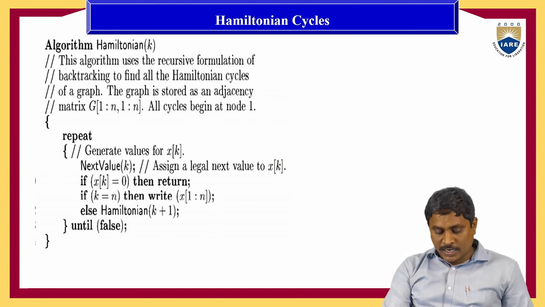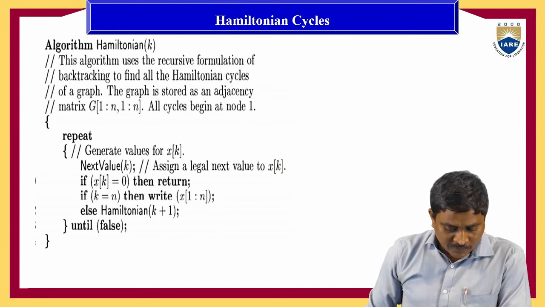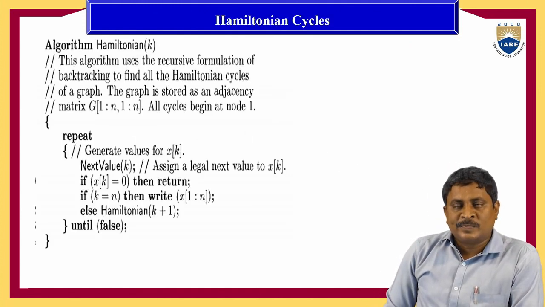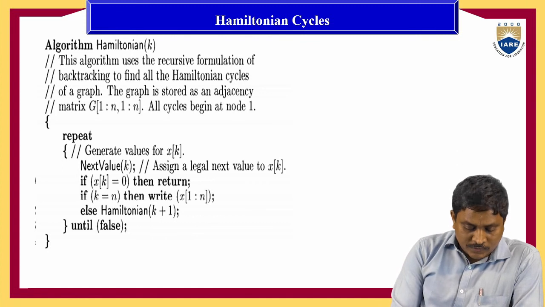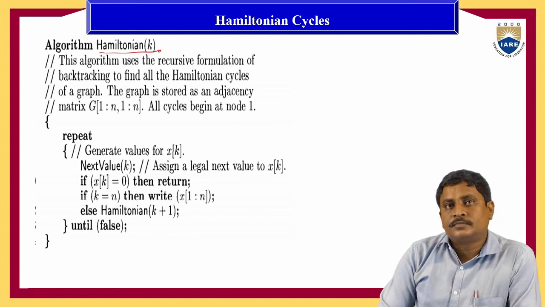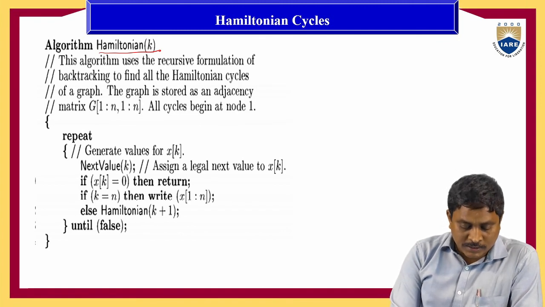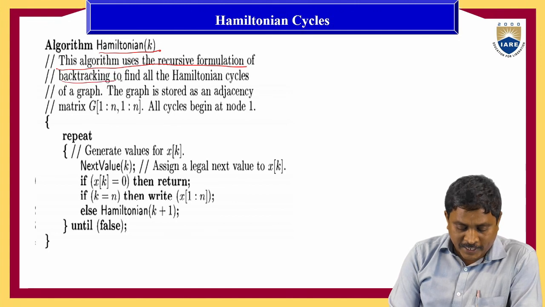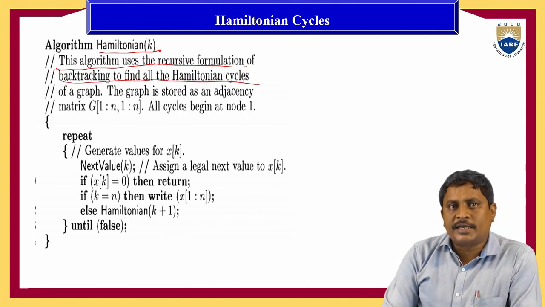Next one is the Hamiltonian graph algorithm. Now here we see Hamiltonian of k. Hamiltonian of k means it has k vertices. This algorithm uses the recursive formulation of backtracking to find all Hamiltonian cycles of a graph.